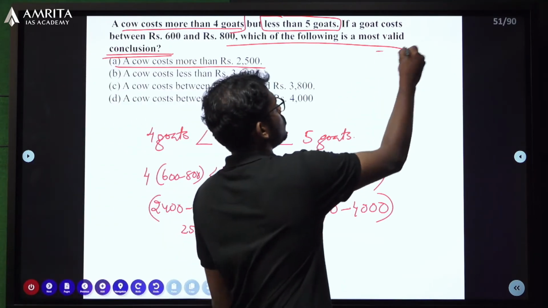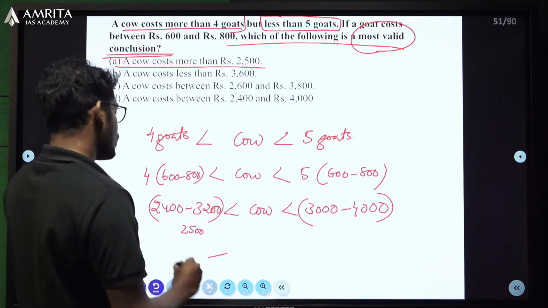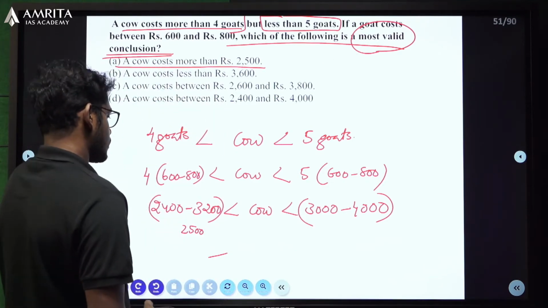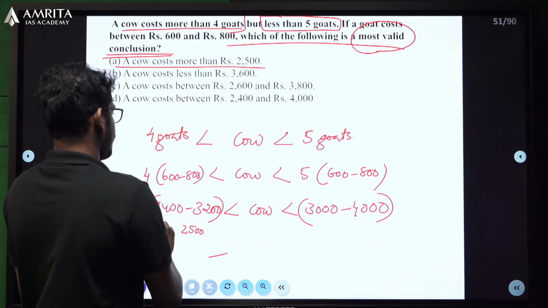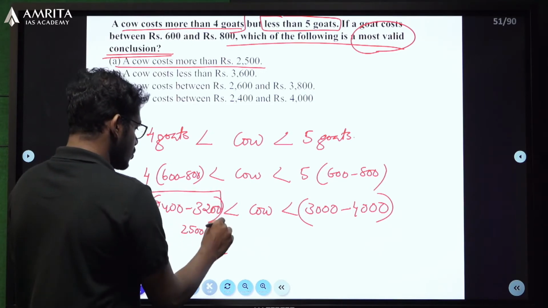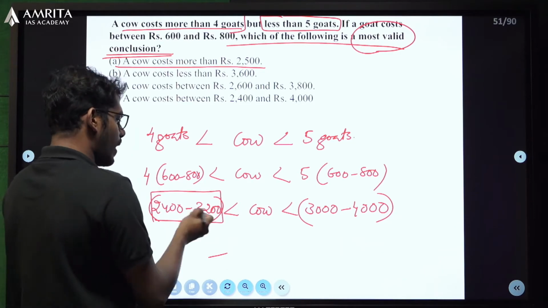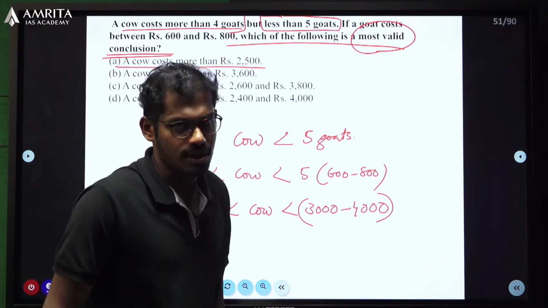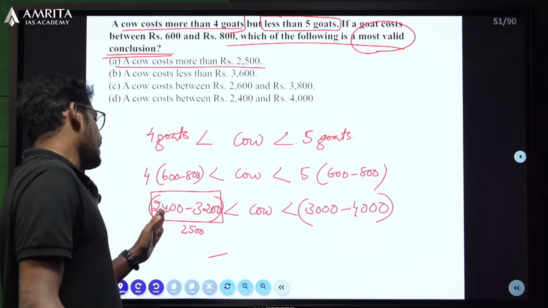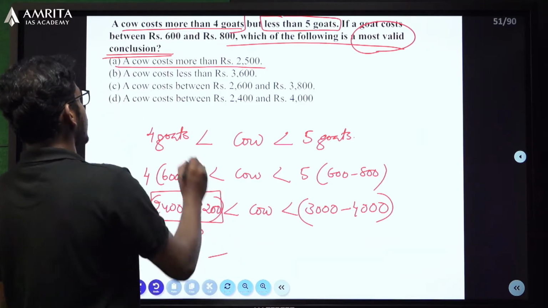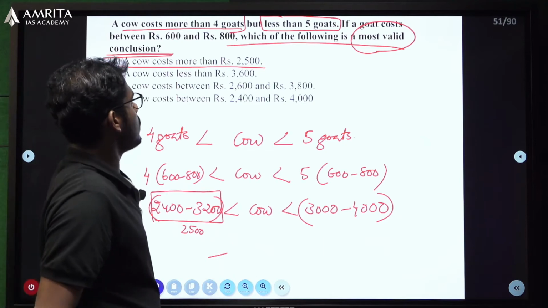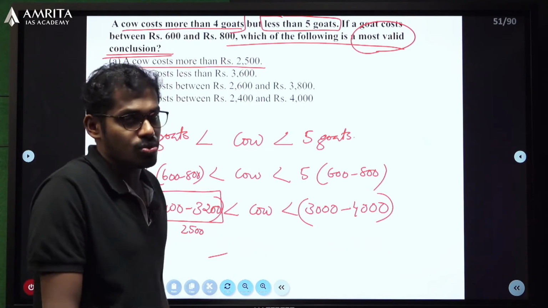The question is the most valid one. What if the cost of 4 goats can be up to the range of 3200? Clear? It can be up to the range of 2400, but it says that a cow costs more than 2500.